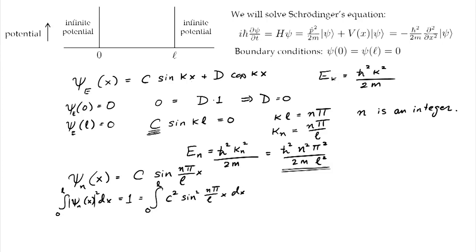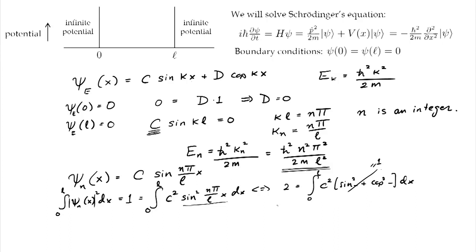Okay, so how do we solve this? Well, you notice that the integral of sine squared over this period is the same as the integral of cosine squared. And so what this tells you is that 2 is equal to the integral from 0 to L of c squared times sine squared plus cosine squared, the same quantity, dx, and that's 1.